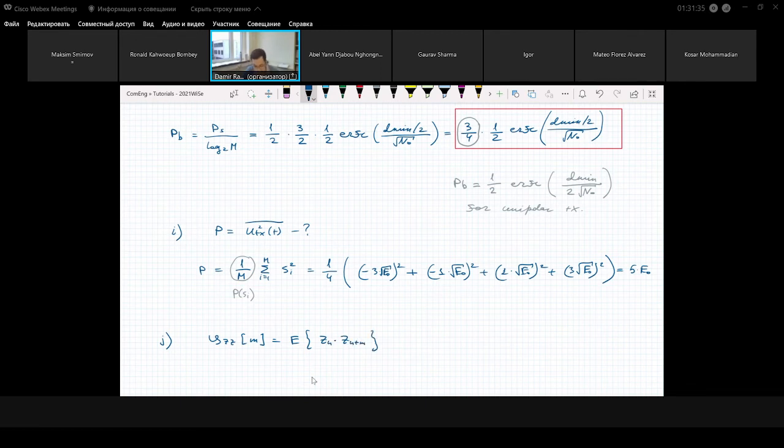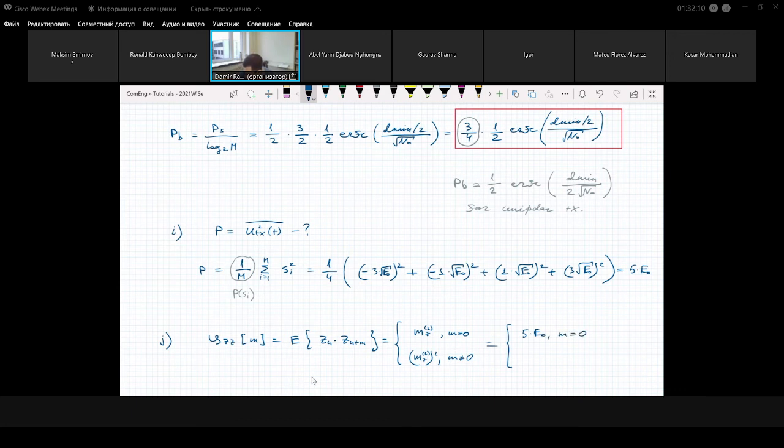Now we need to calculate the expected value of such a product. Remember that as far as the sequence is independent, the autocorrelation function will be equal to the second moment of Z when m equals 0, and the first moment squared when m is non-equal to 0. For the second moment we get the value 5 times E0.